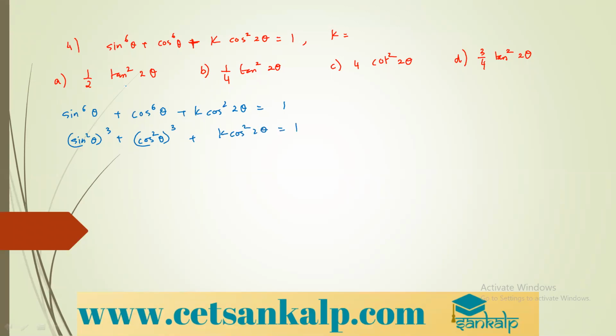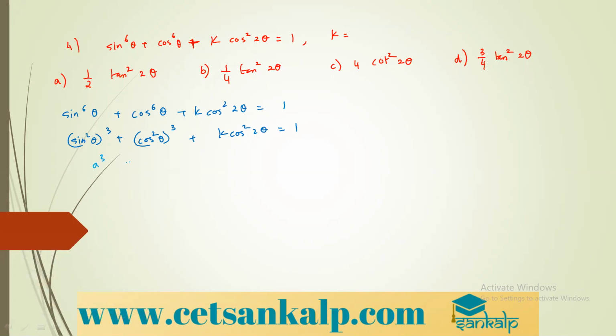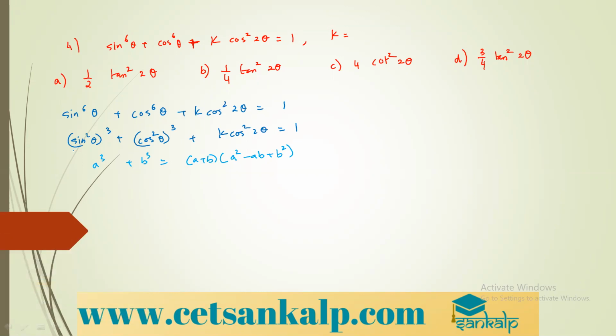Now I will use a formula, that is a cube plus b cube is a plus b into a square minus ab plus b square. This formula I will use for these two particularly.